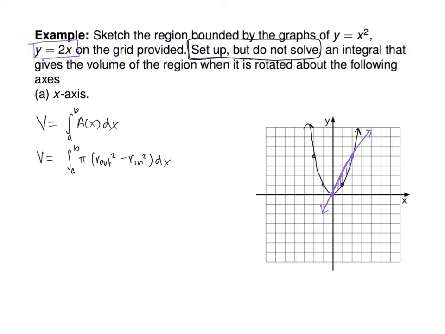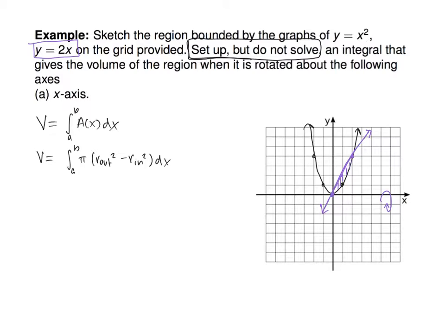So that's the thing we're rotating. And for this first problem, what are we spinning it around? X-axis. Okay. So when you spin that, will the outside be straight or curved? Straight, inside's going to be curved.